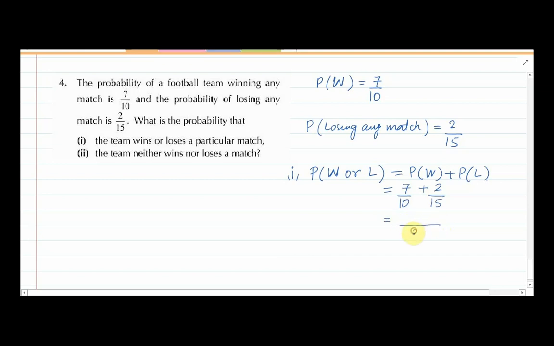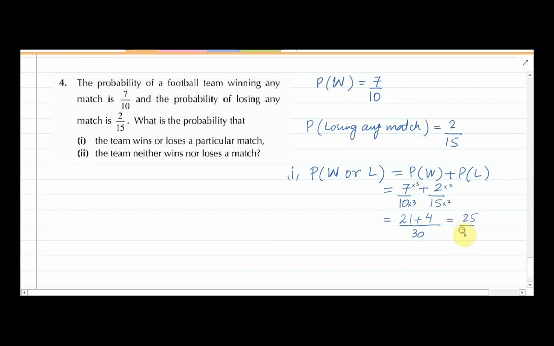You need to make your denominator the same, so it will be 10 times 3 is 30 and 7 times 3 is 21, plus 15 times 2 is 30 and 2 times 2 is 4, so it's 4. When you add them, 21 plus 4 is 25 divided by 30.